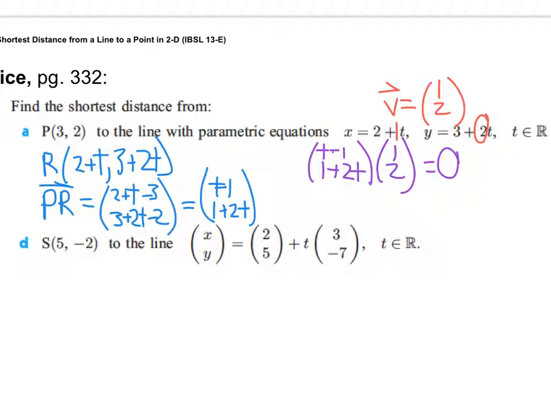So, 1 times t minus 1 is t minus 1. 2 times 1 plus 2t is 2 plus 4t. That equals 0. And if I keep solving this, I get t equals negative 1/5, sorry.